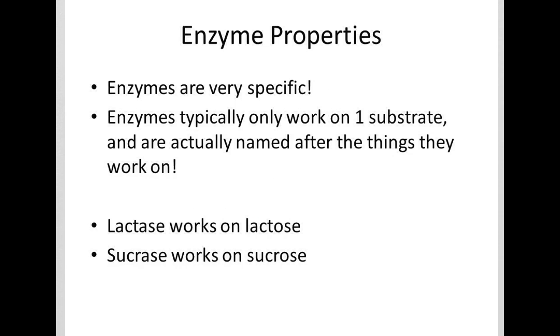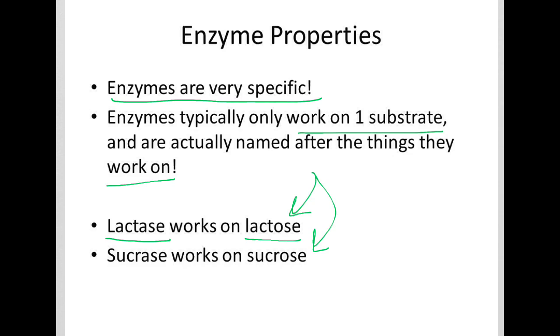The other thing that you need to know about enzymes is that enzymes are really, really specific. Enzymes typically work on only one substrate and are typically named after the things that they work on. So for example, lactase works on lactose, the carbohydrate. You should know that both lactose and sucrose are carbohydrates because they end in that ose.